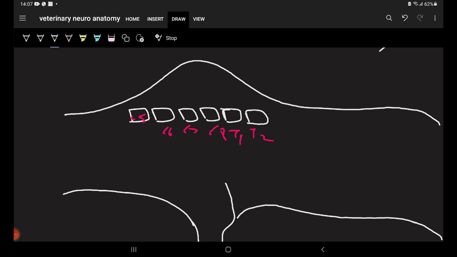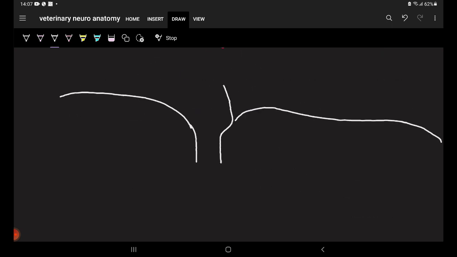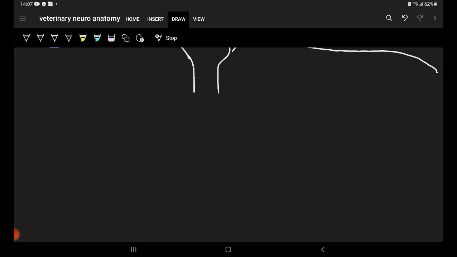Okay, so what composes the brachial plexus? If I write the basic definition from the book, it has been given in RK Ghosh, for example.